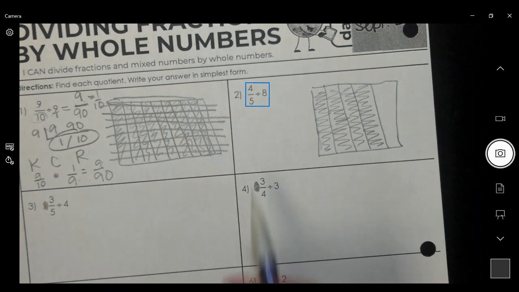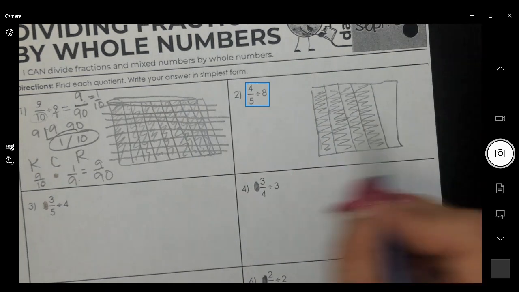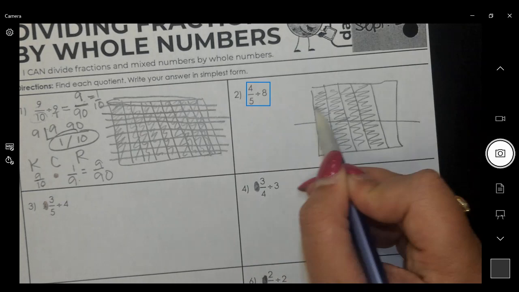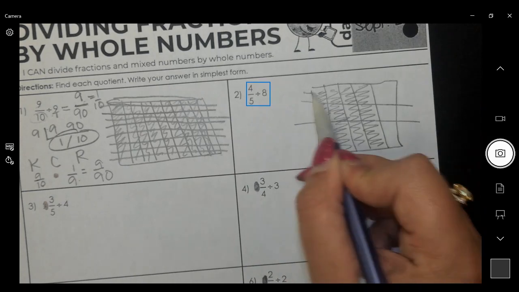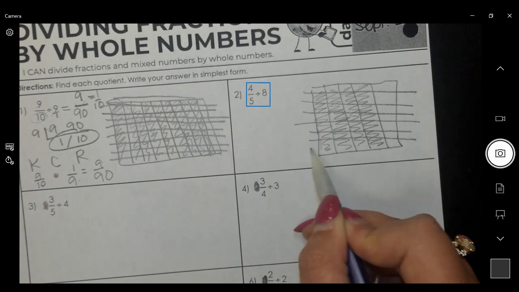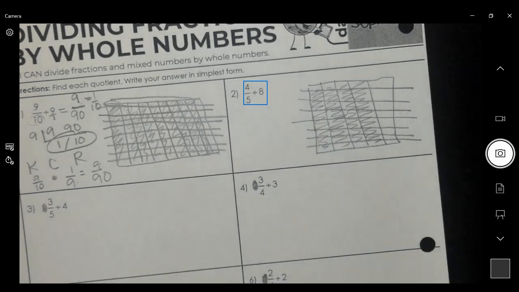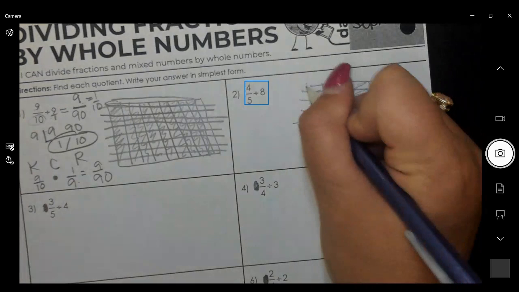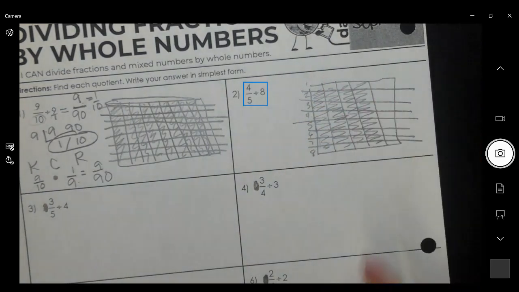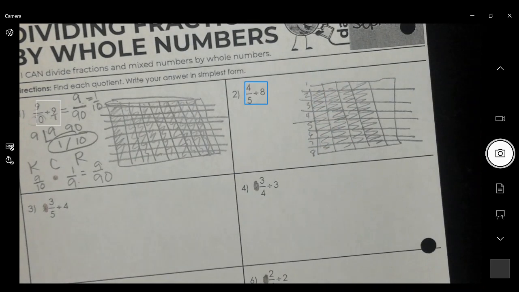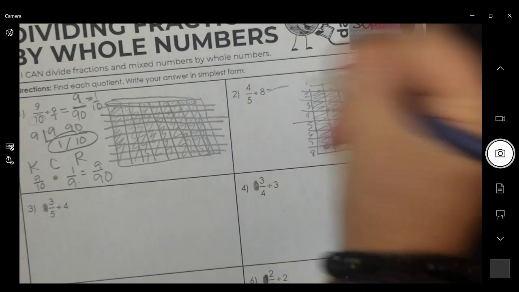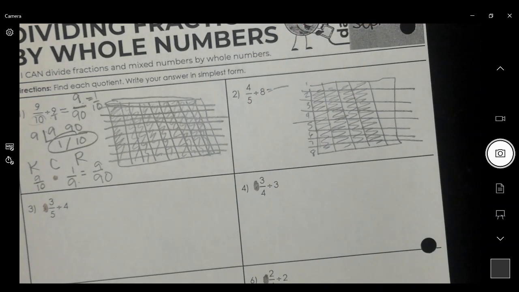I'm dividing it by 8 people, so I need to cut this 8 times or into 8 sections. Okay, so I've cut it 8 times. 1, 2, 3, 4, 5, 6, 7, 8. So there's 8 sections there, and I've got to solve to figure out my fraction here.